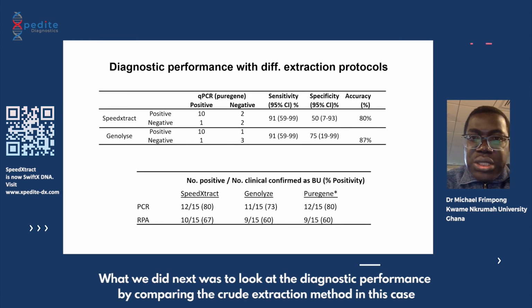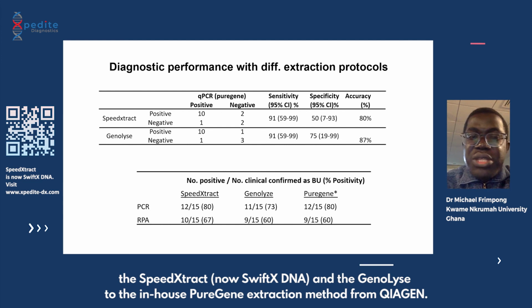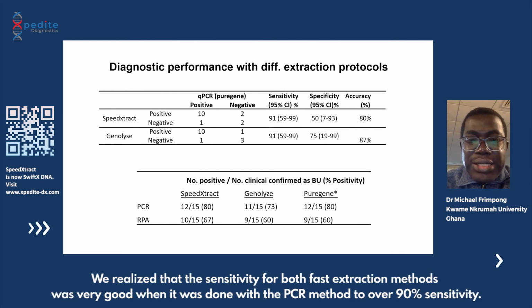So what we did next was to look at the diagnostic performance by comparing our crude extraction methods, in this case, the SpeedXtract and the Genolyze, to the in-house PureGen extraction method from QIAGEN. And we realized that the sensitivity for both extraction methods was very good when it was done with the PCR method, up to over 90% sensitivity.